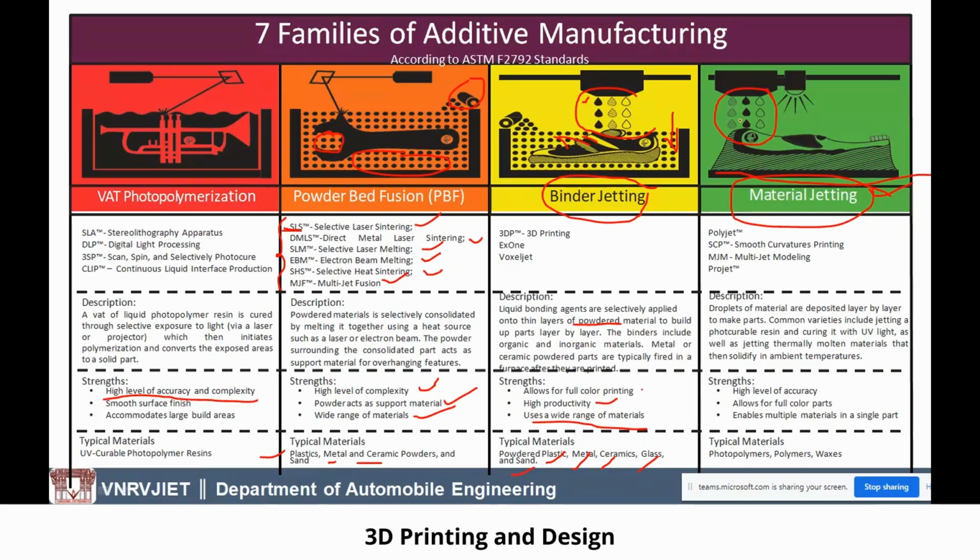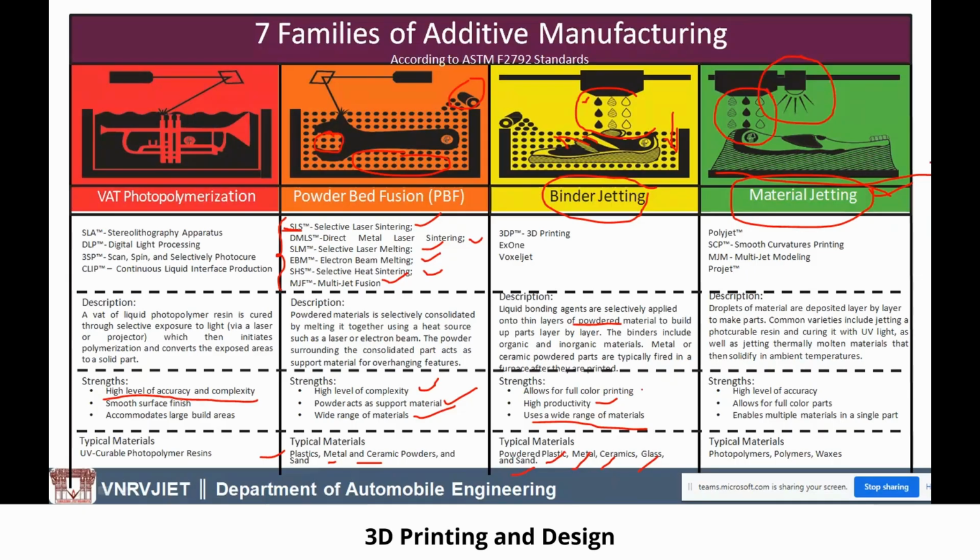Once the layer of powder is deposited from left to right or right to left, immediately you can see a laser beam or UV light beam there, and that UV light produces heat onto the powder, and due to that heat it starts melting and solidifies onto the platform as the laser beam moves along with the powder deposition.